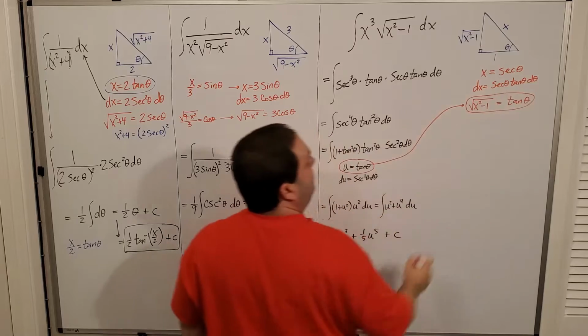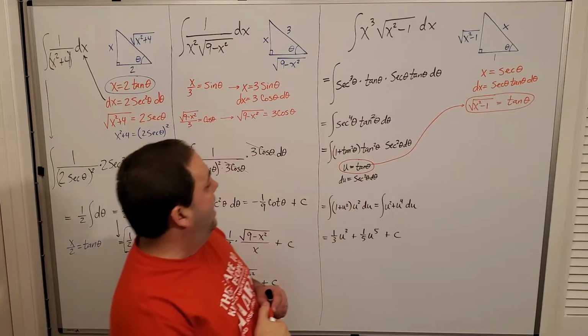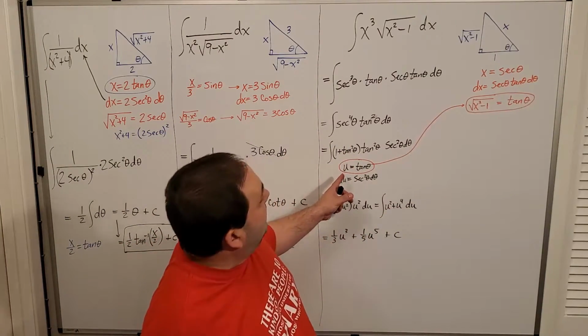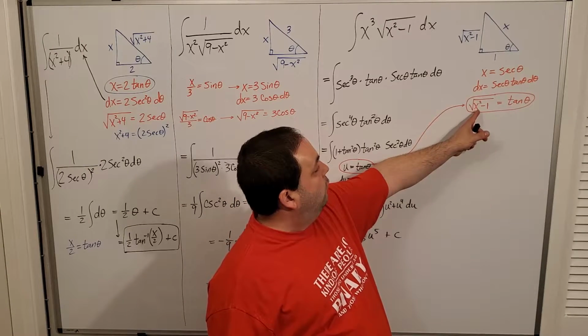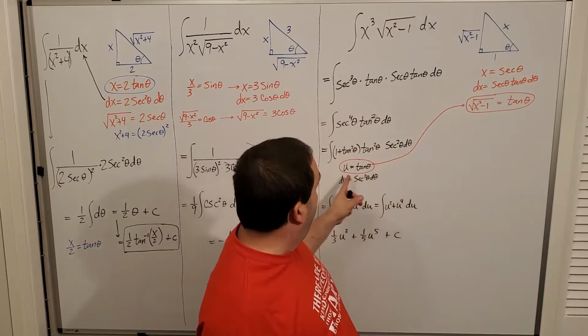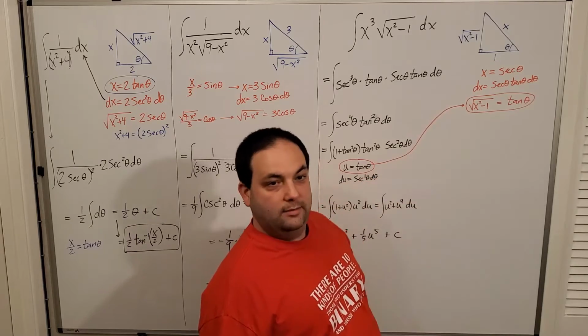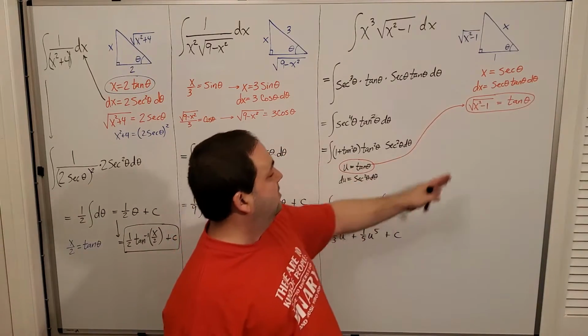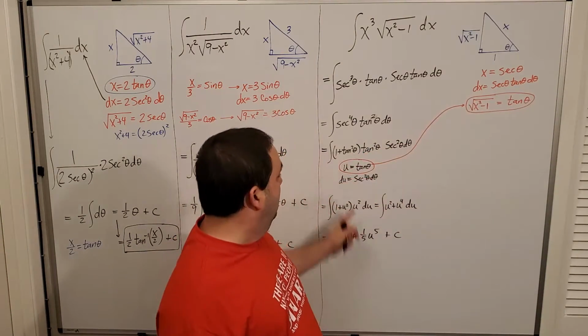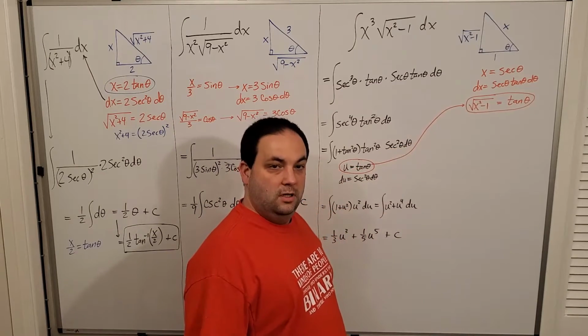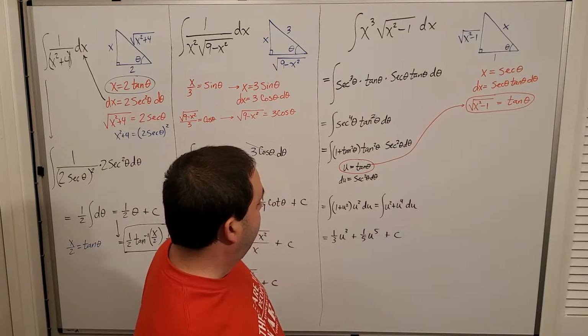So basically, we just said that u is equal to the square root of x squared minus 1, right? Transitive property, if you will. One thing is equal to something, another thing is equal to that same thing, so u has to be equal to the square root of x squared minus 1.